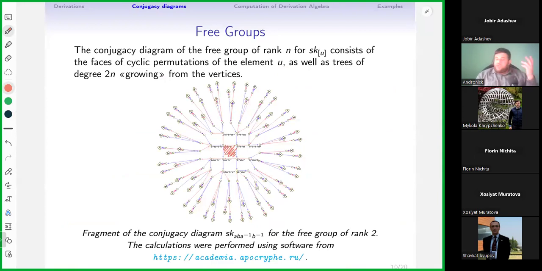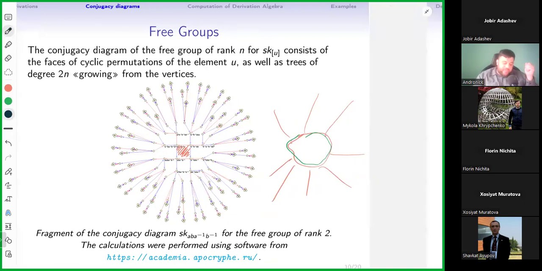If you take another element in a free group, then it will look like something here, and trees which grow from it, and so on. Here on the diagram it is written the word which generates the centralizer of it, because centralizers in free groups are cyclic.